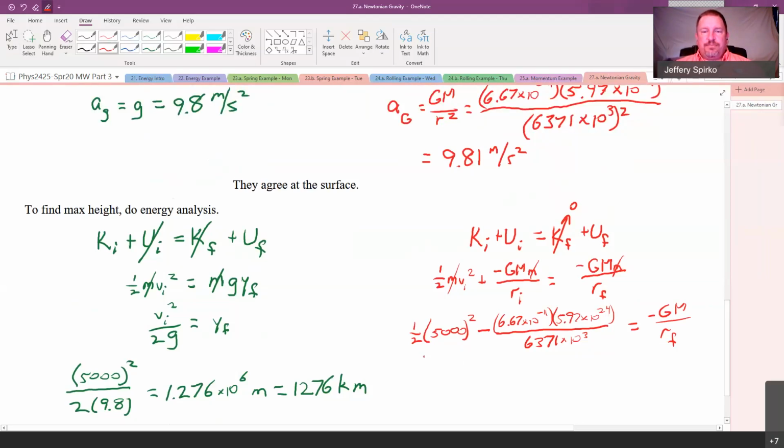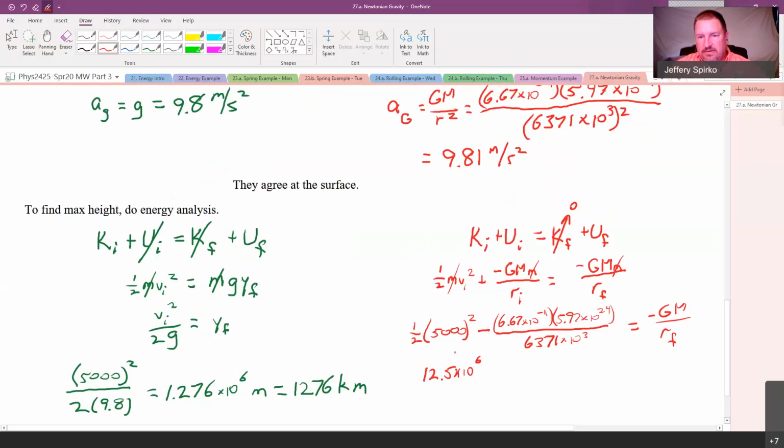So now I'm going to boil these two things down into numbers. 0.5 times 5,000 squared is 12.5 times 10 to the sixth, and then 6.67 times 10 to the negative 11th times 5.97 times 10 to the 24th divided by 6371 times 10 to the third, not 10 to the sixth because I already have 6,371 and not squared.